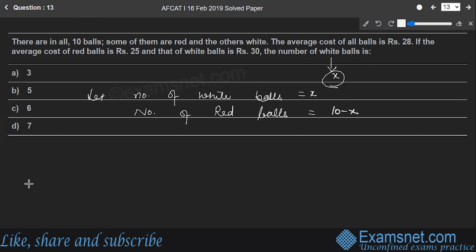Yes. So now, according to the question, it is saying the average cost of all the balls is 28, right? Total cost of all the balls is 28 into 10, because this is the average cost of all the balls, and the total balls are 10. So the total cost of all the balls is equal to this much.